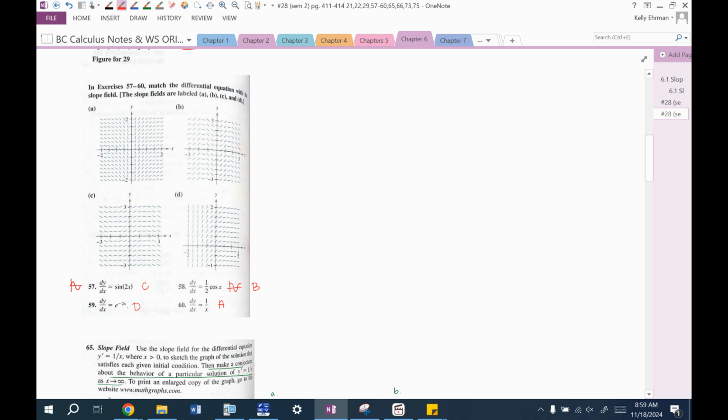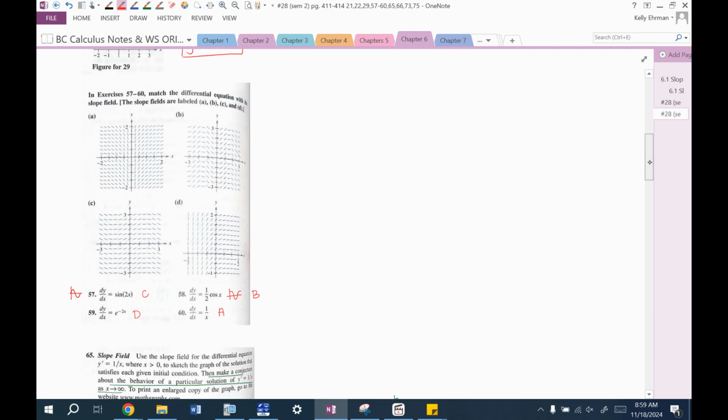But again, e to the negative 2x, that looks like an e to the x graph that's been reflected. And yeah, so we can kind of see that curvature here. Now this, to me, these look like negative e to the x graphs, but again, depending on what we're looking at, we're just looking between negative 3 over 2 and 3 over 2. So yeah, I think the curvature there is okay.